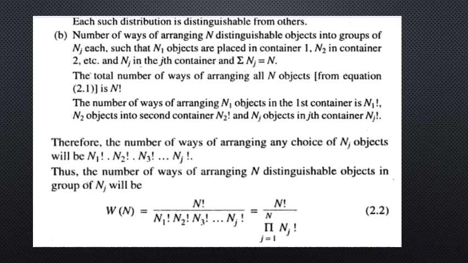Thus, the number of ways of arranging n distinguishable objects in groups of nj will be represented by the following equation.